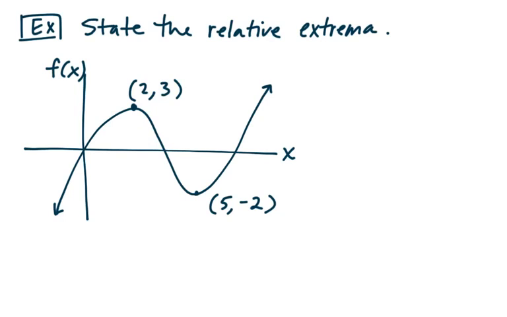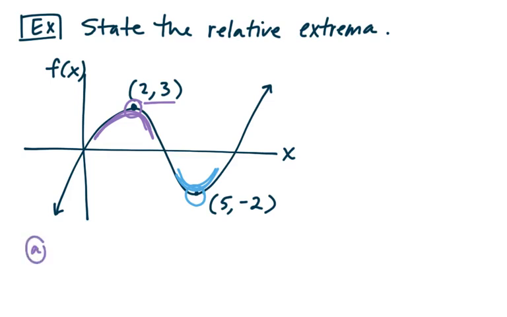All right, let's look at an example. In this example, we're asked to state the relative extrema. That means we need to state the relative maximum and the relative minimum. It should be fairly easy for us to recognize that we have a maximum at this peak here. The maximum is occurring at the ordered pair (2, 3), and the minimum is occurring in this valley here at the ordered pair (5, -2).